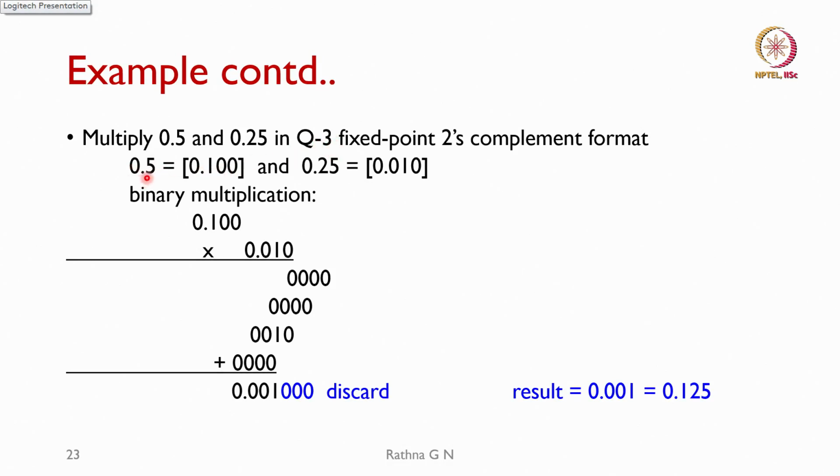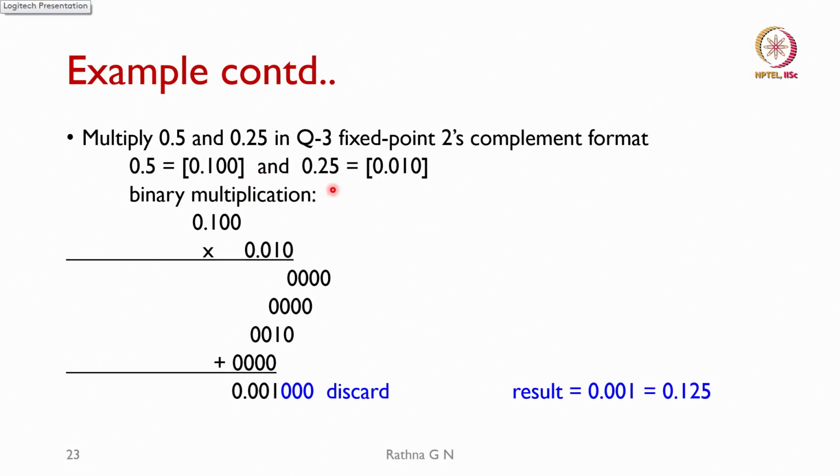I know 2 power minus 1 is 0.5, so the other bits are 0 0. And for 0.25, 0.010, this is 2 power minus 2, which is 1 by 4, which is 0.25. I want to do this multiplication.